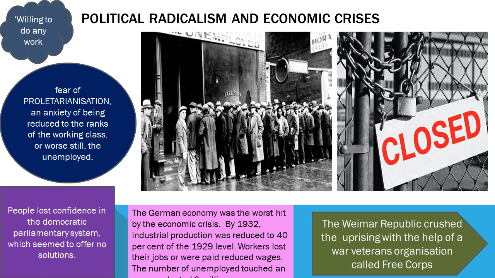People lost confidence in the democratic parliamentary system, which seemed to offer no solution. So they started to revolt. The Weimar Republic crushed the uprising with the help of a war veterans organization called the Free Corps.